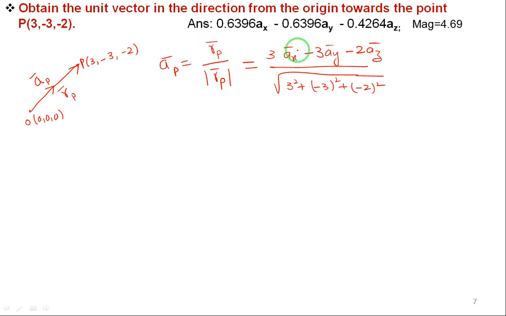Now you can leave it like this, or else I have given the answer here. If you solve after simplification, you will get 0.639 AX minus 0.639 AY and so on.